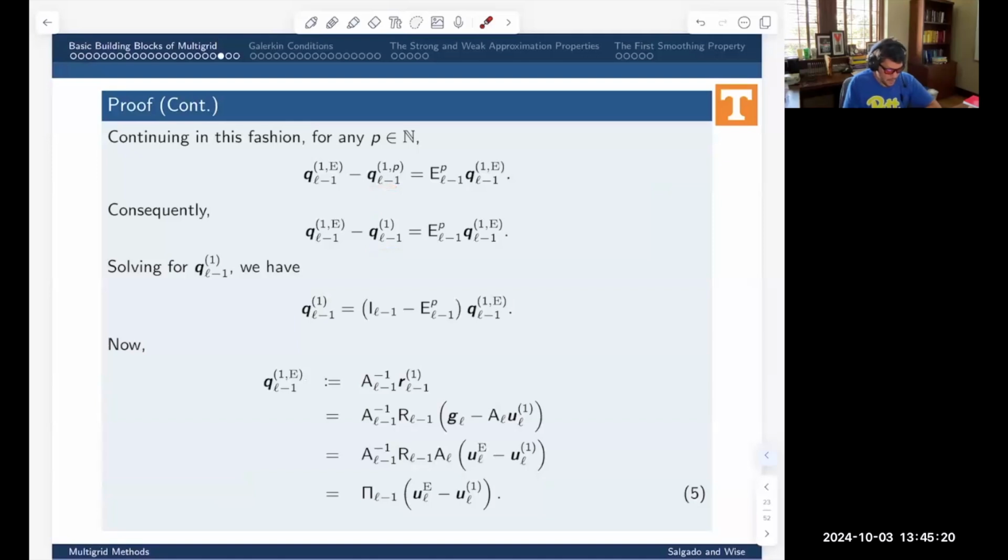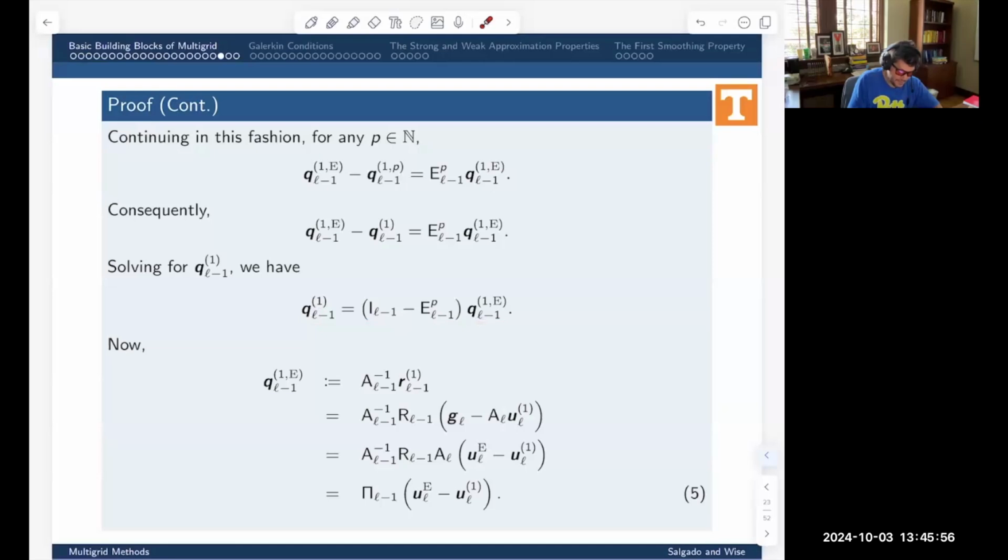Okay, now let's solve for this guy, and we'll get something which appears in the definition of our generic error. So if we solve for this, move that guy over, and you just realize that this appears twice, right? We can use the distributive property to pull that common vector out, and we get Q_{L-1}^{1} is equal to the identity minus the error to the P power at level L-1, quantity, times the true coarse grid correction.